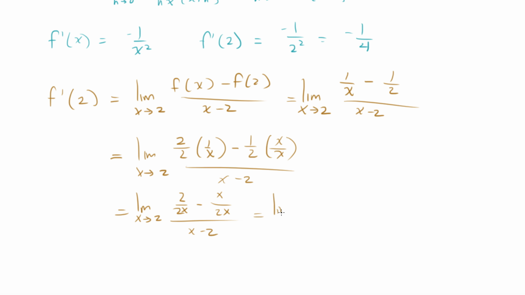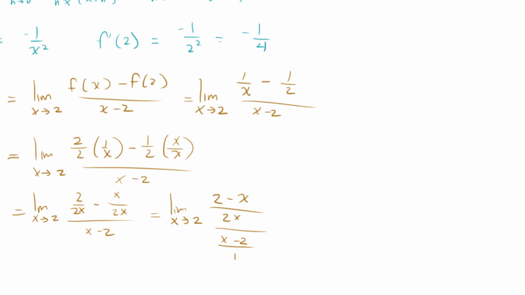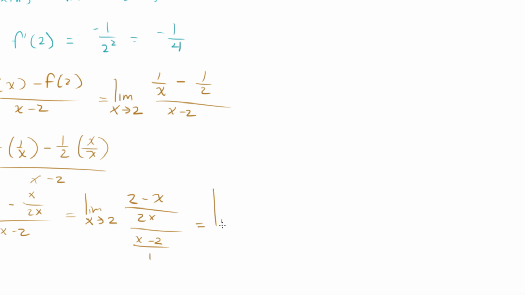Now that you have a common denominator, you can put them in the same denominator. So in this case, it's 2 minus x over 2x over x minus 2. And again, x minus 2 is over 1. So you multiply by the reciprocal of the denominator. So you're left with 2 minus x over 2x times 1 over x minus 2.